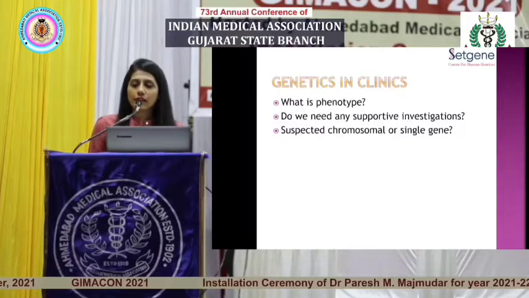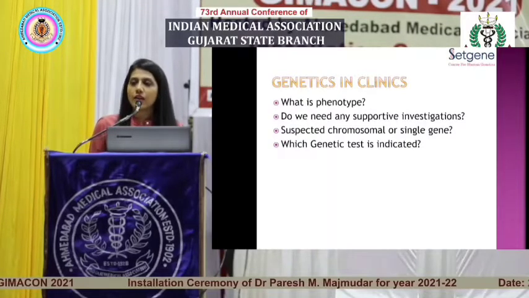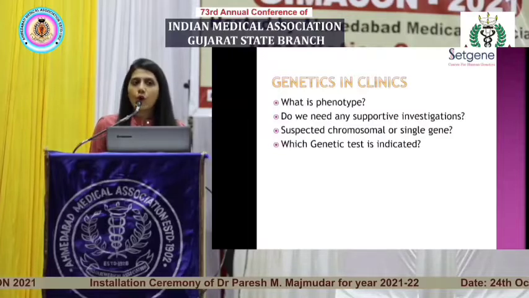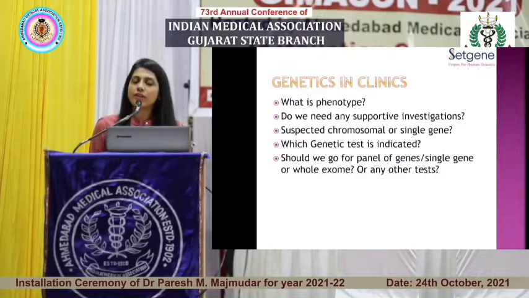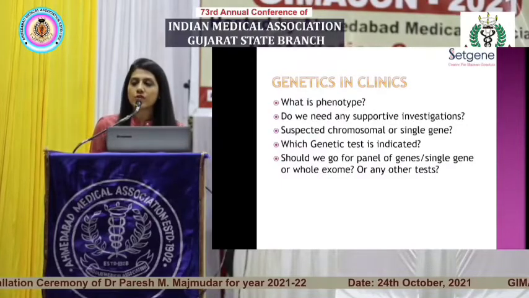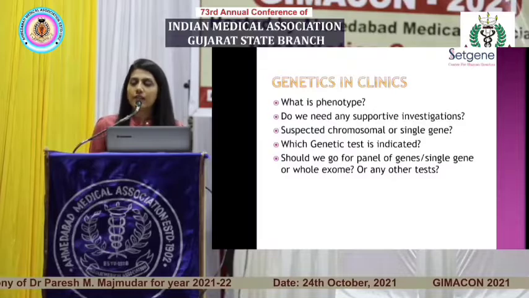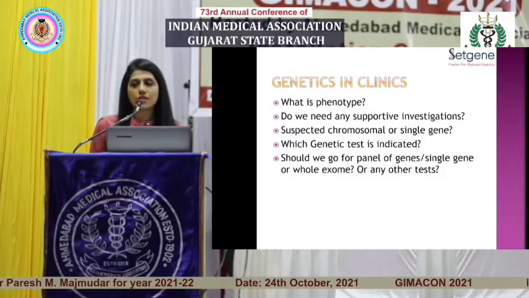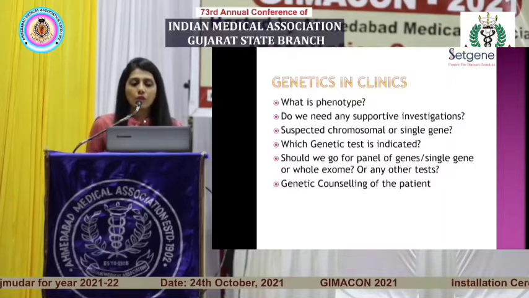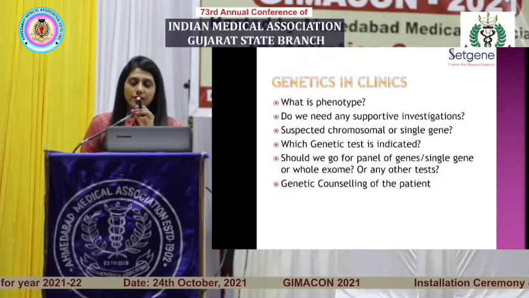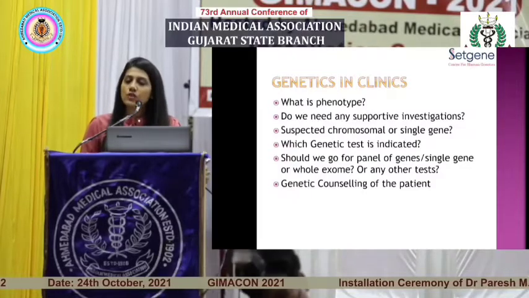Based on that, we decide which genetic test is indicated. It might be a karyotype, a single gene, a panel of genes, or a clinical exome, or there can be multiple tests to select from. That will give us the molecular diagnosis, and this will ultimately help us in genetic counseling and management of the patient. Now, to make it a bit more interesting, I have taken some case scenarios which we see in our clinics.